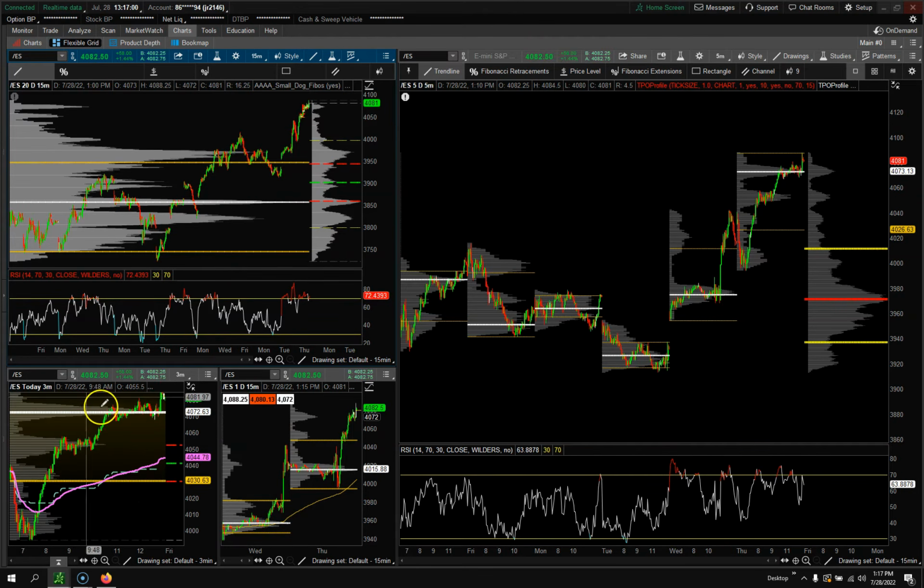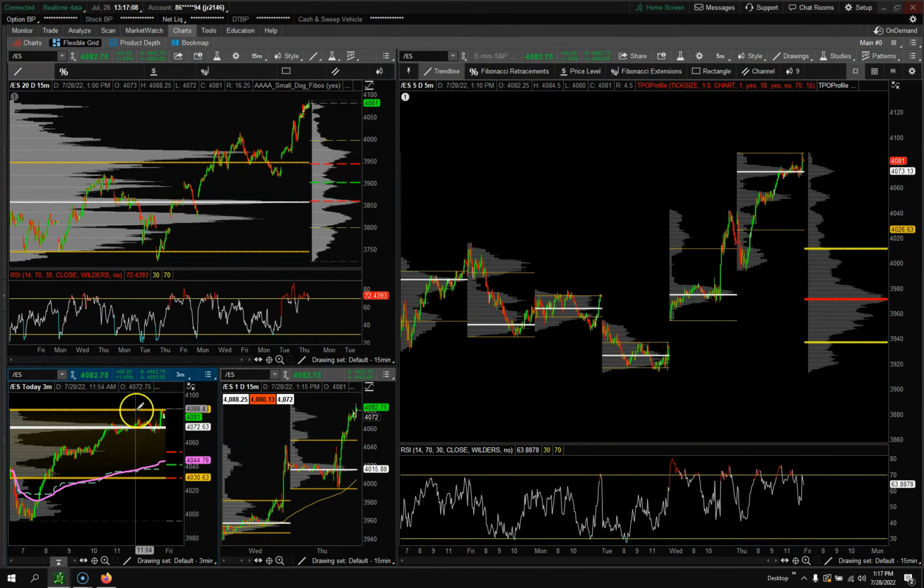Then down here is my today-only regular trading hours 3-minute chart. Okay, point of control, value area high here, value area low. These are the same fibs as over here. I just show the 38 and the 61 and the 50% high-low.